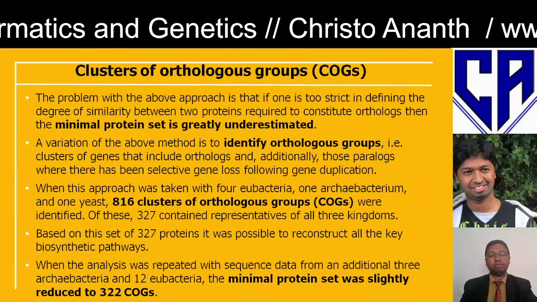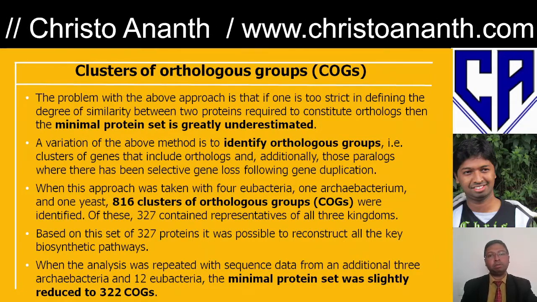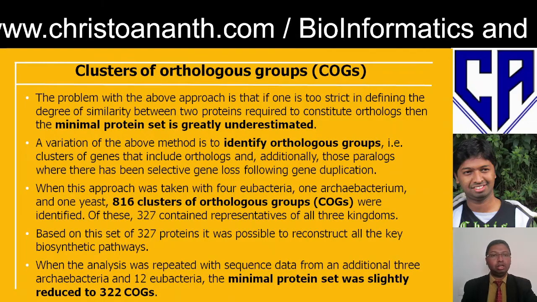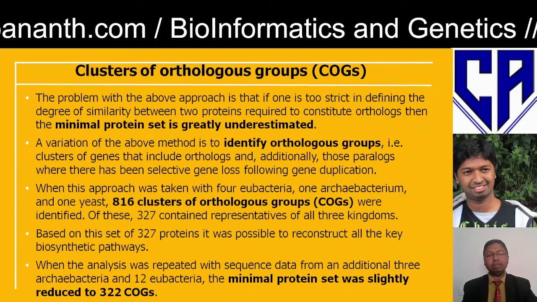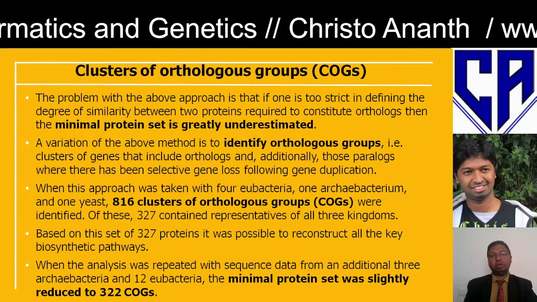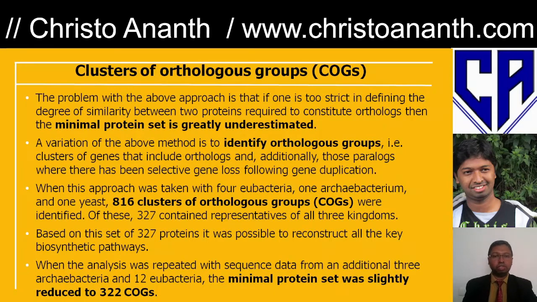And also we tend to form COGs. Even the minimal protein set is taken to be an underestimate, and the variation is to identify orthologous groups, clusters of genes which will include orthologs and definitely paralogs even, so we'll have gene duplication.